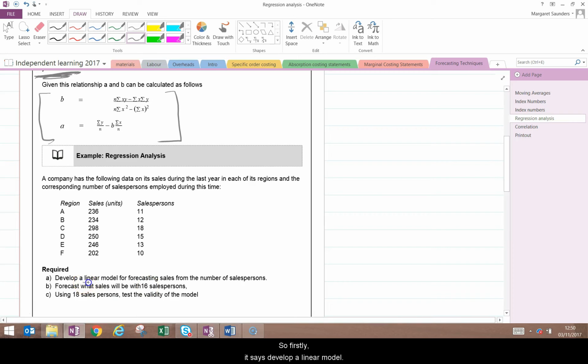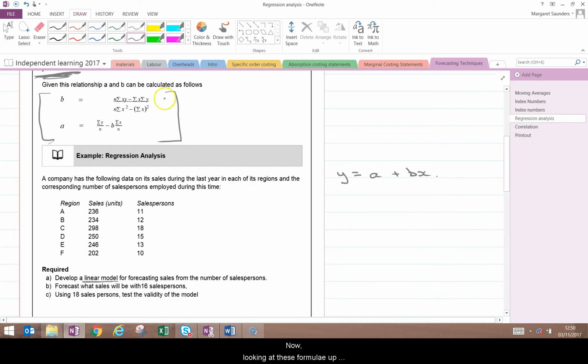So firstly, it says develop a linear model. Well, regression analysis is a means of developing a linear model. So we're going to carry out regression analysis. What we are aiming to do is work out the formula y equals a plus bx, where we need a value for a and a value for b.